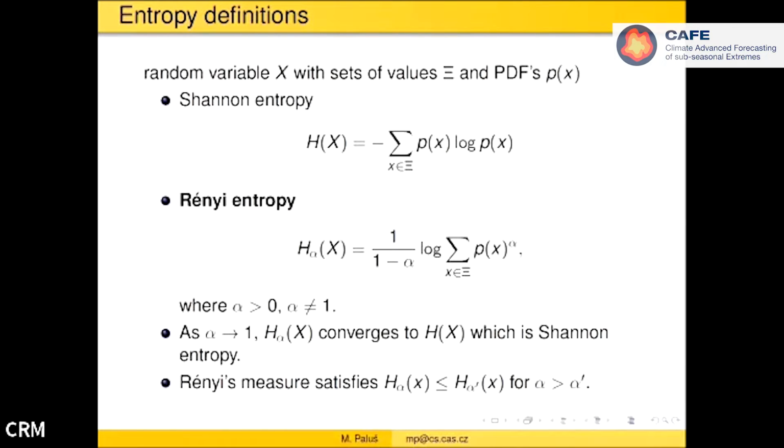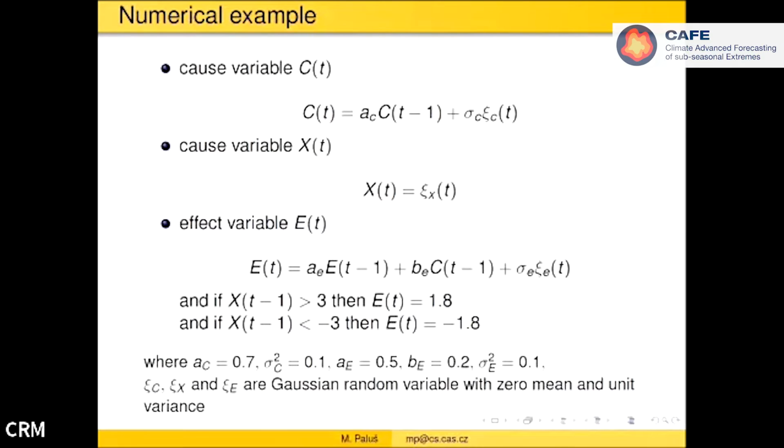Otherwise, it has some interesting properties. So we can go from the Shannon information to Rényi information and ask what we will see if we have some data with distributions which are not typically normal.